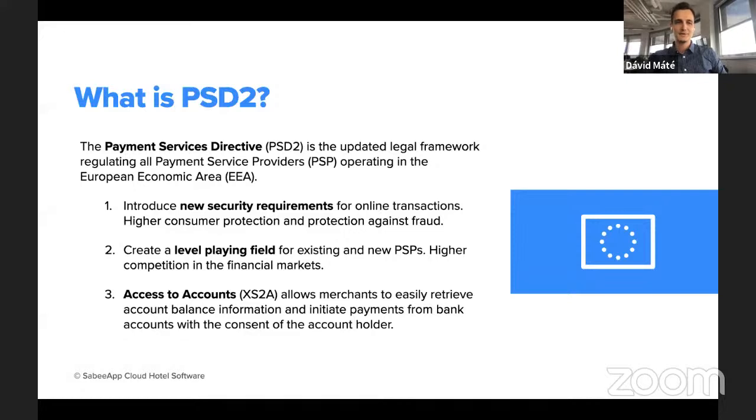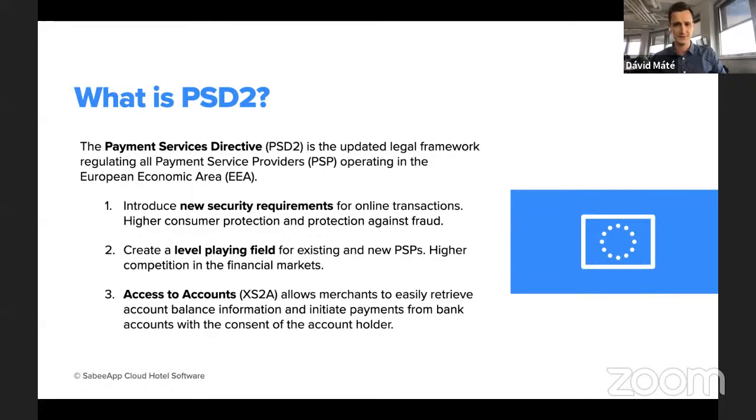PSD stands for Payment Services Directive, and there are a couple of acronyms that I have to throw at you during this presentation. It won't be much, but it's necessary to understand the meanings and what PSD represents. It is basically a legal framework developed by the European Union, and it is regulating how payment service providers operate.